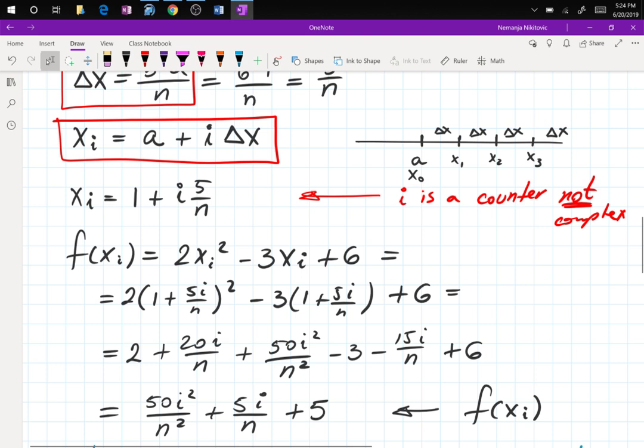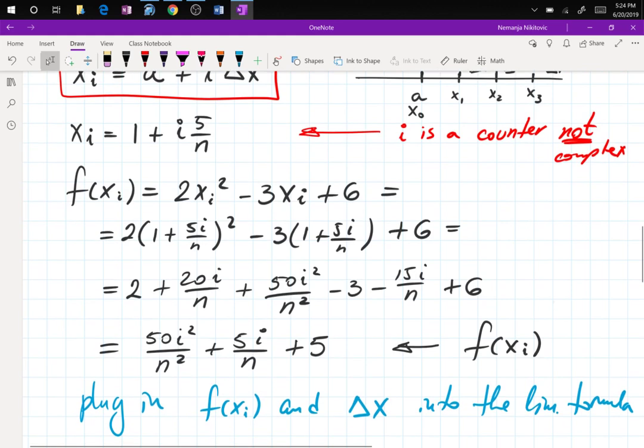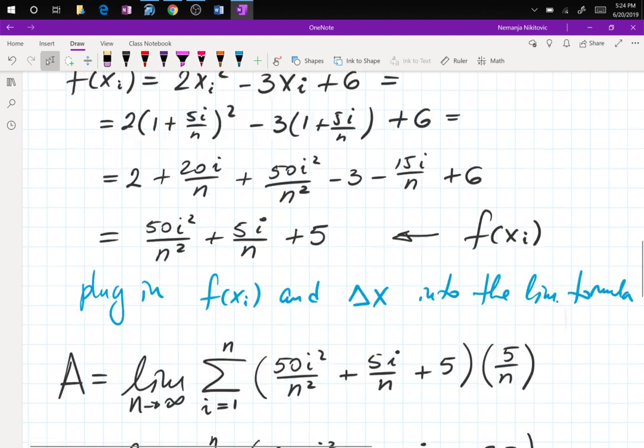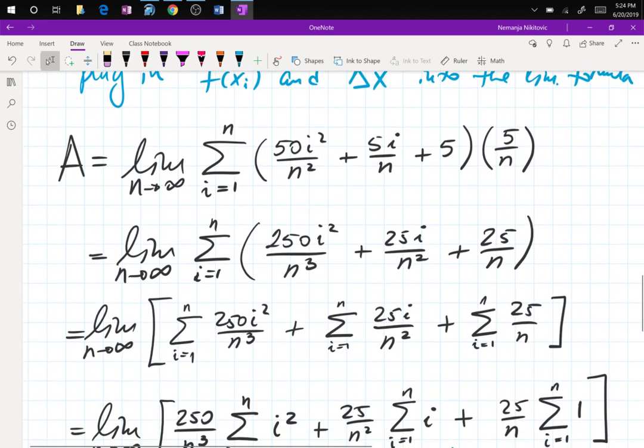So you just square the binomial over there, multiply by 2, distribute -3, combine like terms. All of the basic algebra that needs to be done to come up with 50i squared over n squared plus 5i over n plus 5. So finally we have f of xi, we have delta x, and we can plug those two in the formula, and this is what we get.